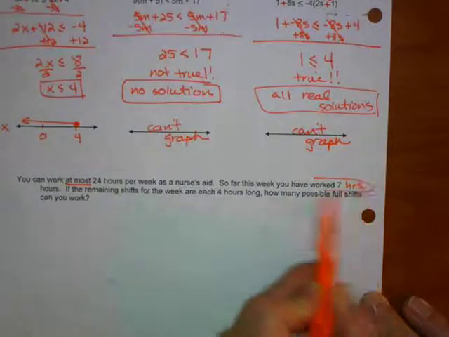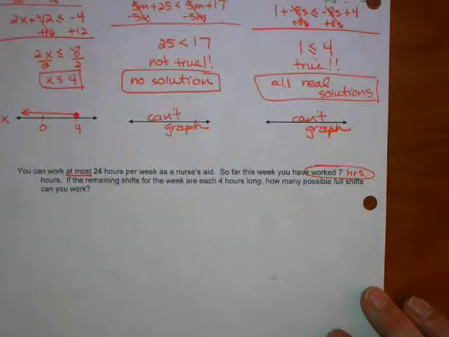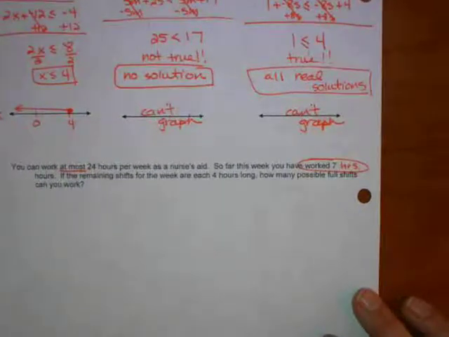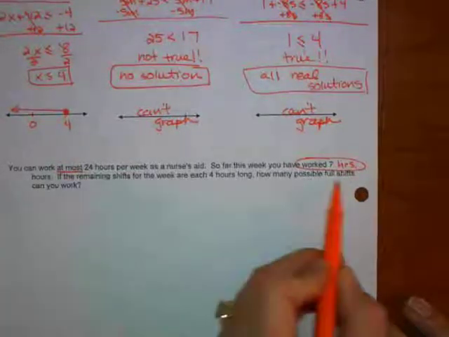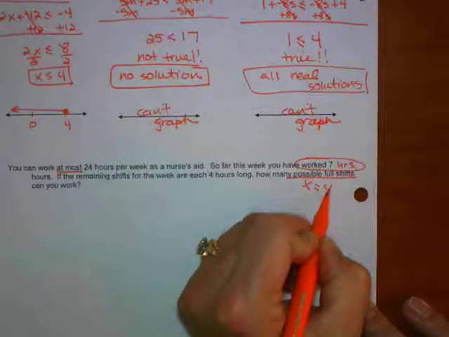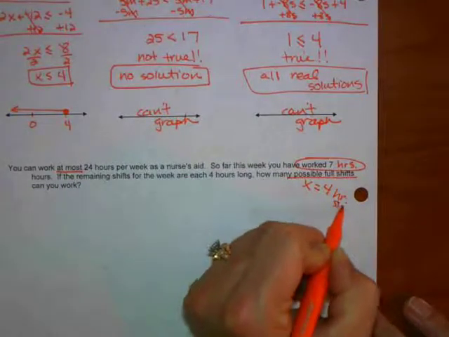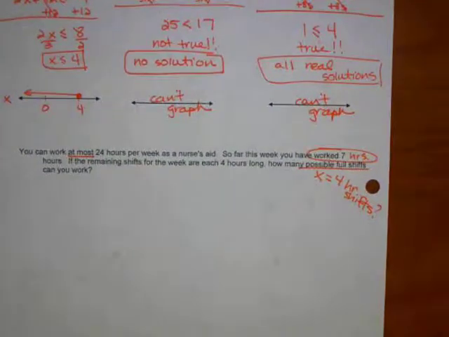If the remaining shifts for the week are each 4 hours long, how many possible shifts can you work? Okay, so this is my unknown right here. X is equal to how many 4-hour shifts can I work? That's what I'm trying to find.